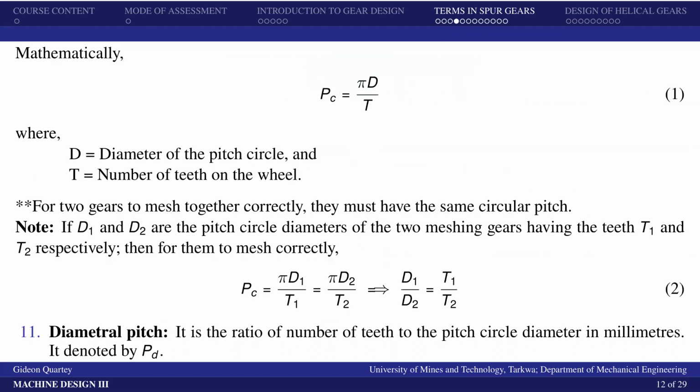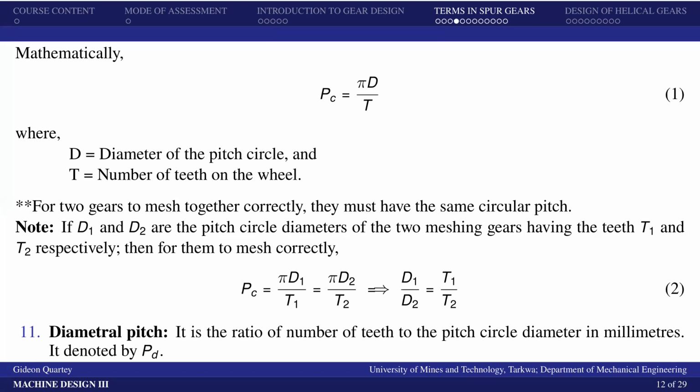Mathematically, we could say that the circular pitch is given by this expression: PC is equal to pi d on t, where d is the pitch circle diameter, and t is the number of teeth on the gear wheel.